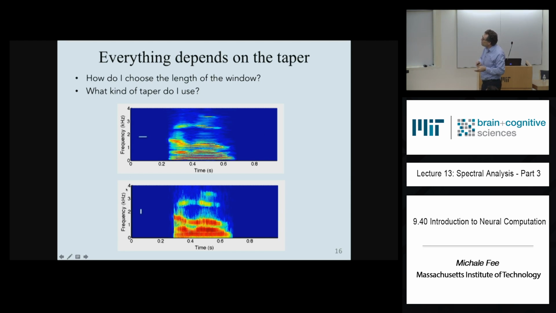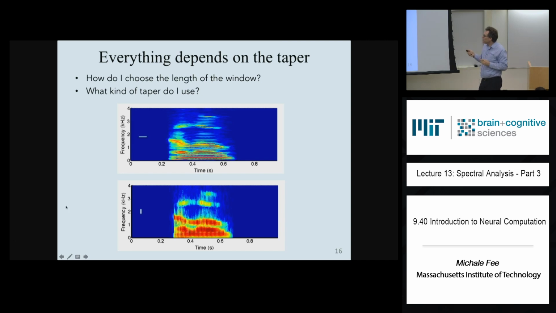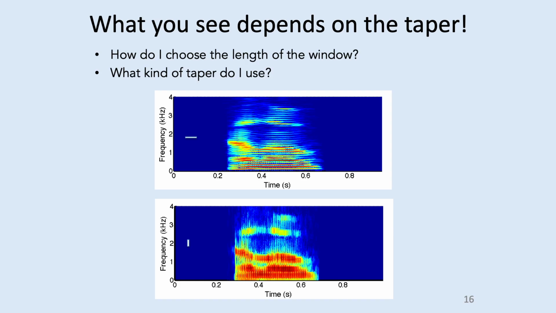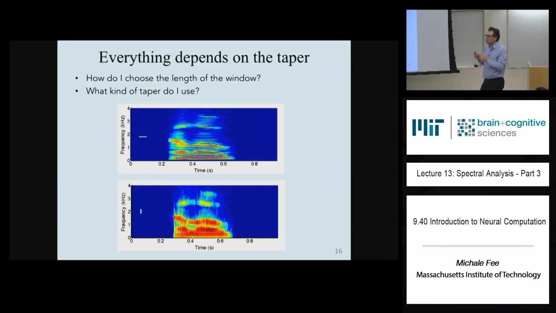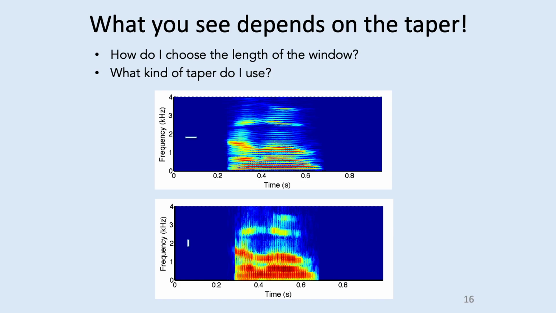But if I compute the spectrogram with very short windows in time, then my frequency resolution is very poor, but the temporal resolution is very high, and now you can see these vertical striations. Those vertical striations correspond to the glottal pulses, and we can basically see the spectrum of each pulse coming through the vocal tract.